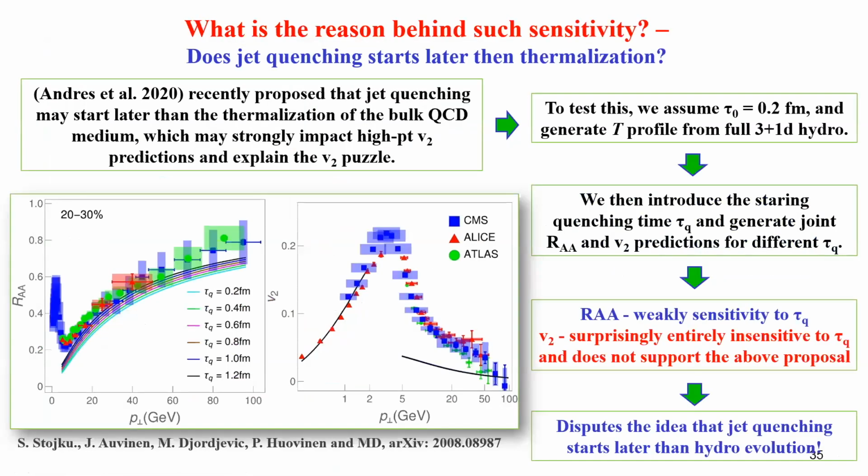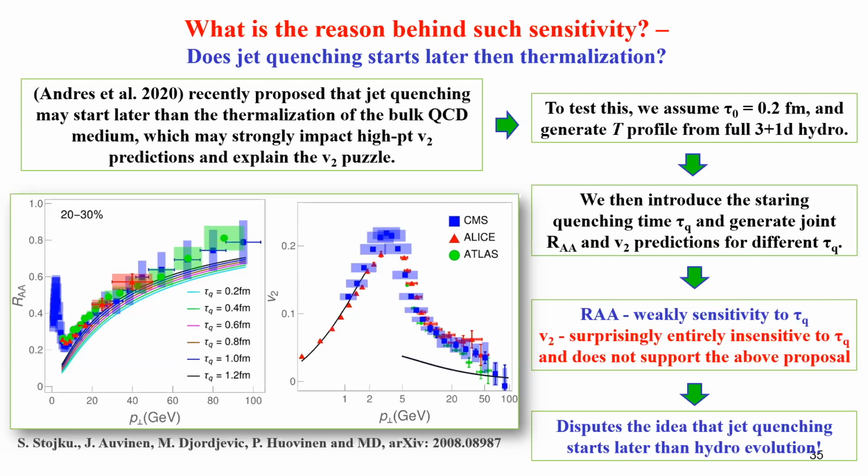Then we can ask, what is the reason behind such sensitivity? Or the second question: can jet quenching start later than the thermalization? A recent study by André et al. proposed that jet quenching may start later than the thermalization of the bulk QCD medium, which may strongly impact high pT v2 predictions and explain the v2 puzzle.